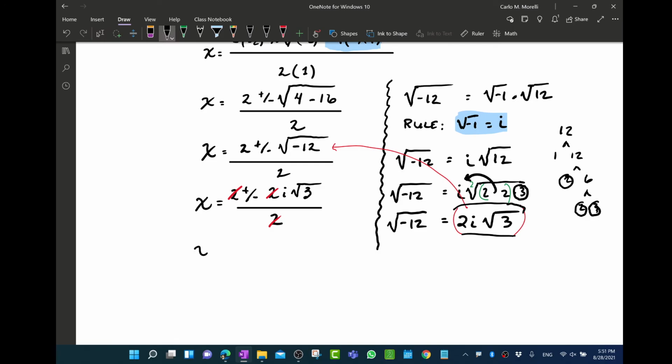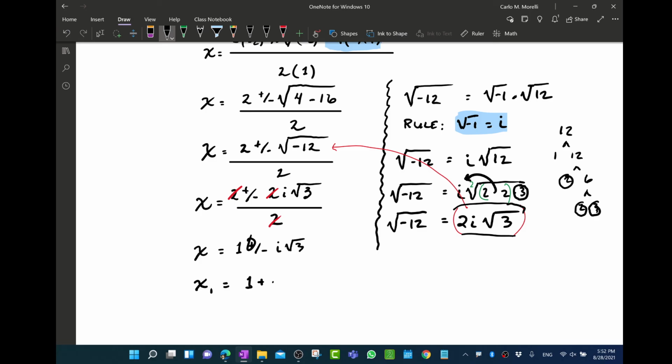Now we have x equals 1 plus or minus i times the square root of 3. And then over nothing, over 1, right? So here are your two solutions. x1 is going to be equal to 1, and then we'll do the plus, and the proper notation here is going to be to write the square root term, then i.